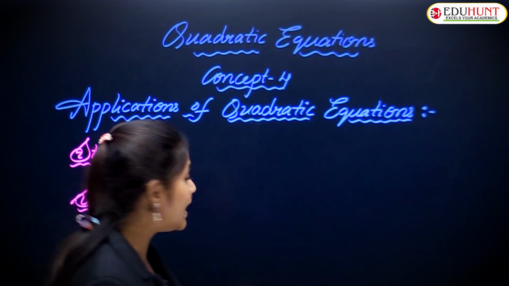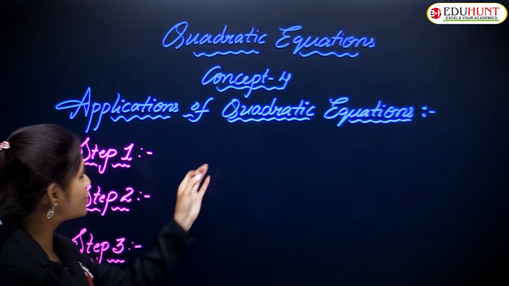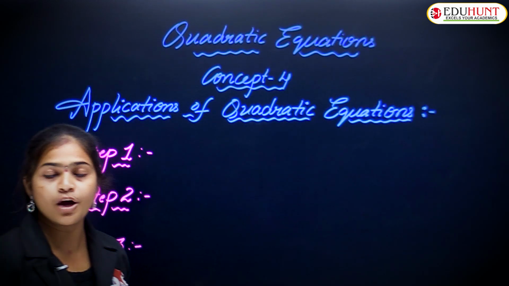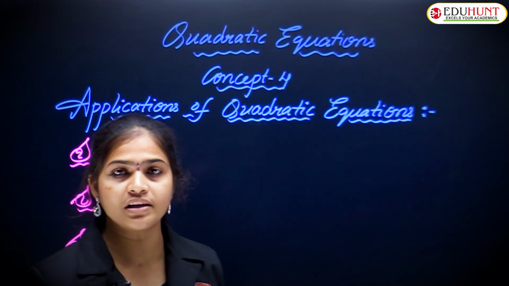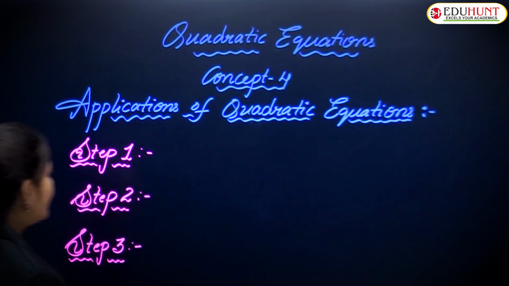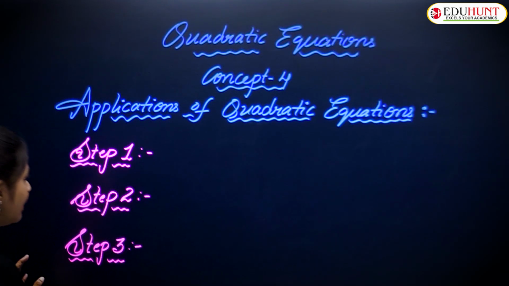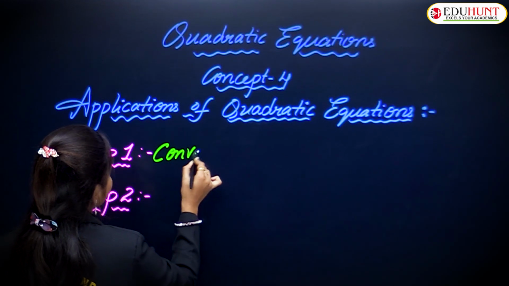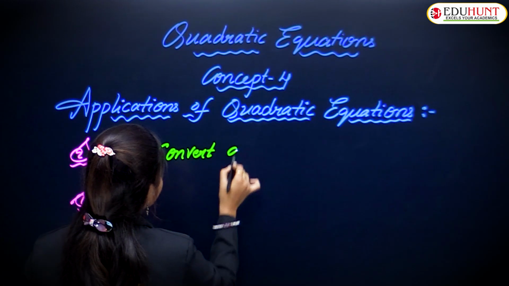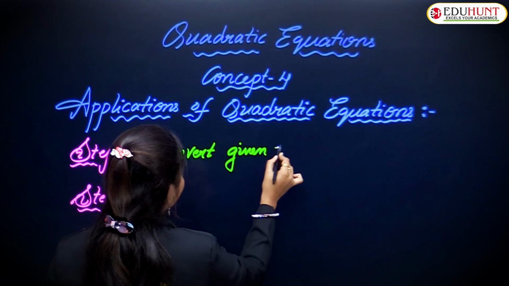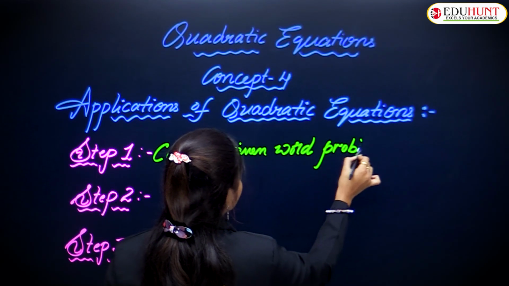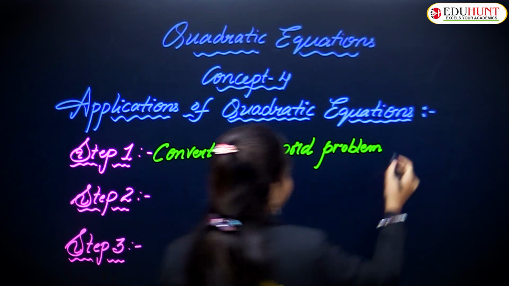While simplifying applications of quadratic equations, we have to follow 3 steps. How many steps? 3 steps. So what is the first step? First read the question, and after that convert the given word problem into a mathematical statement.